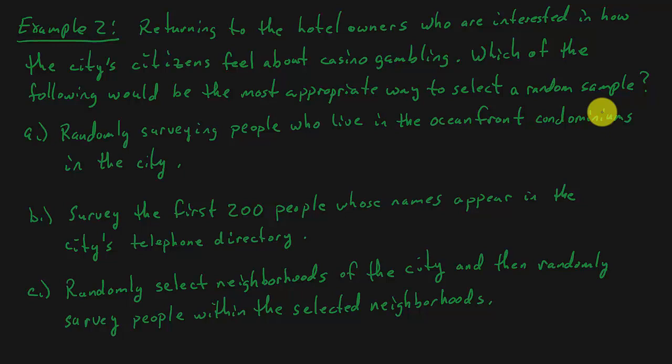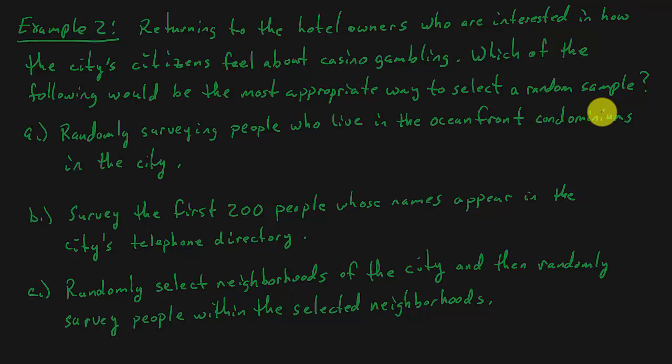And so let's look at option C. Randomly select neighborhoods of the city and then randomly survey people within the selected neighborhoods. Now, that's a good idea, because you're looking at all the neighborhoods in the city, and you're going to randomly select.